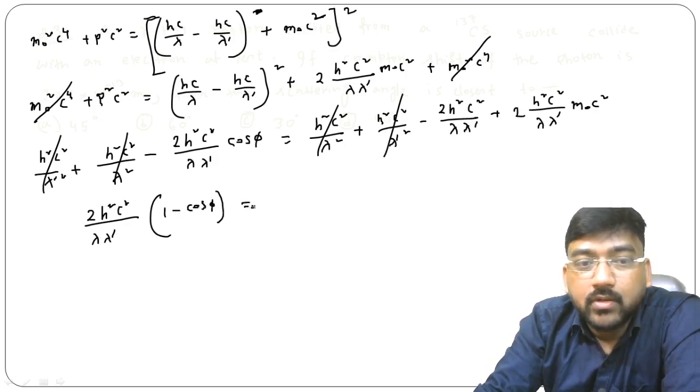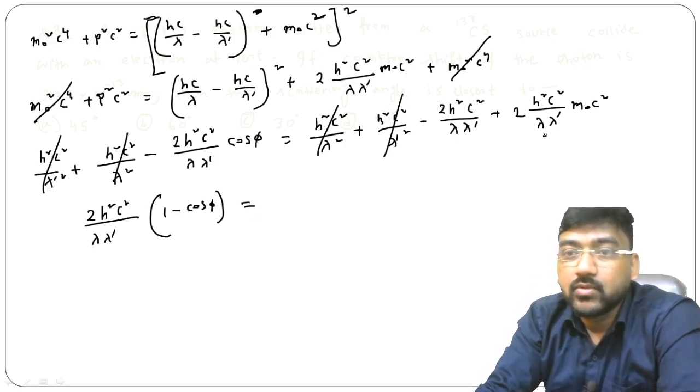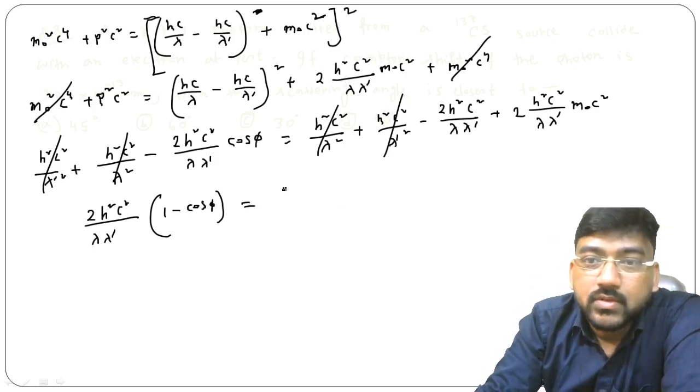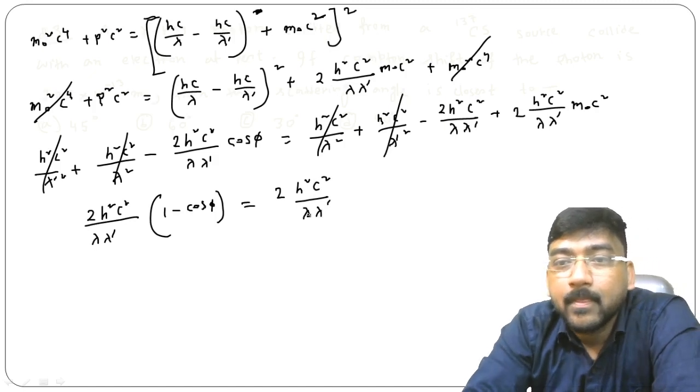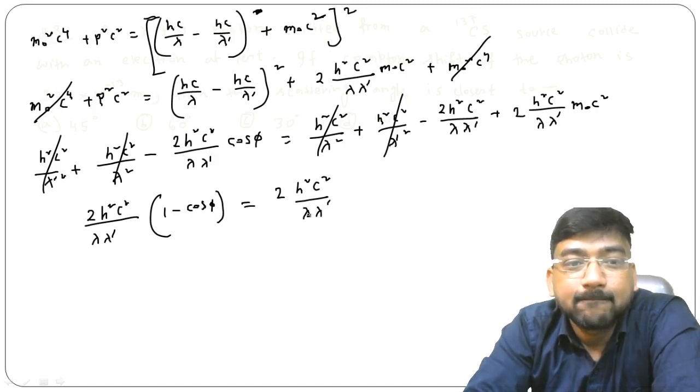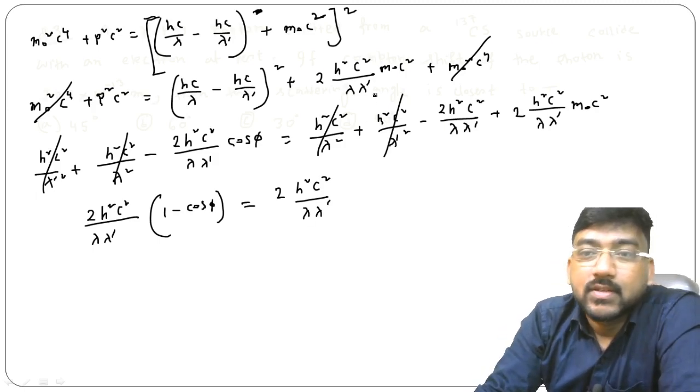and that will be equal to this. So this is 2h square c square upon lambda dash, I think one term is missing. a square plus b square plus 2ab, yes, this term is not correct actually.